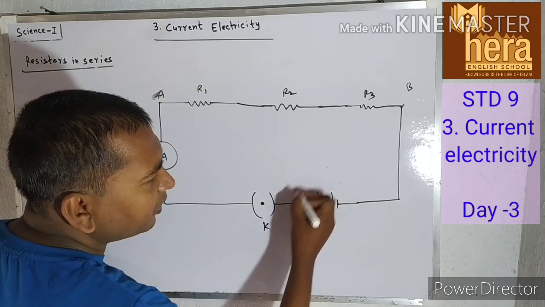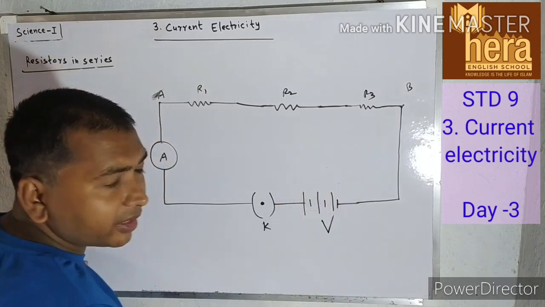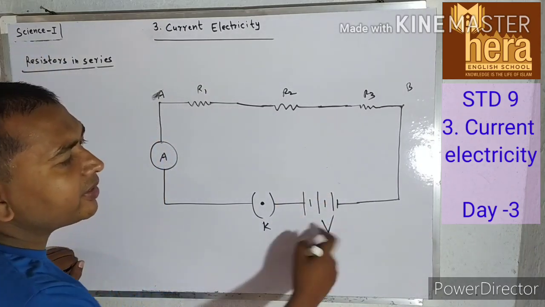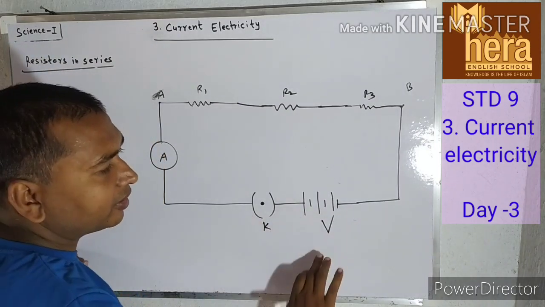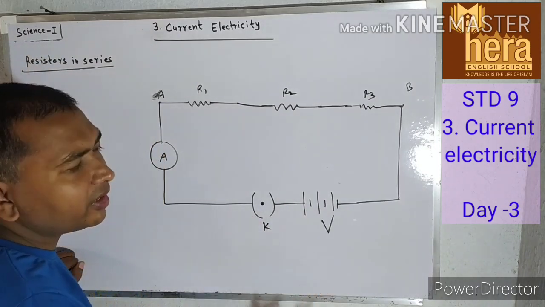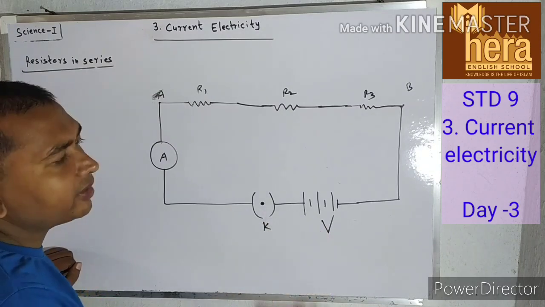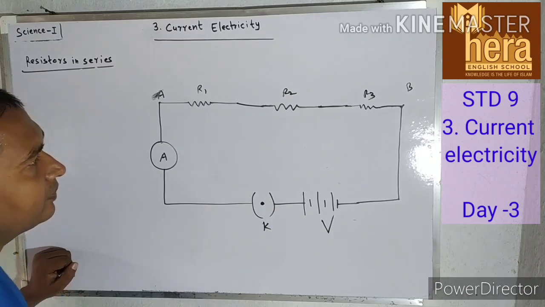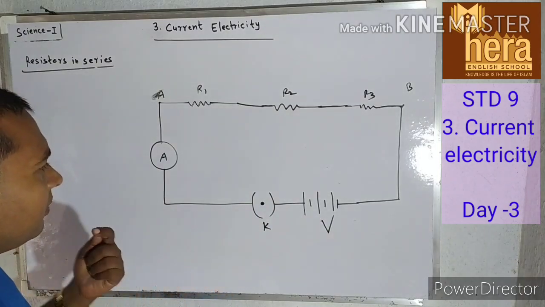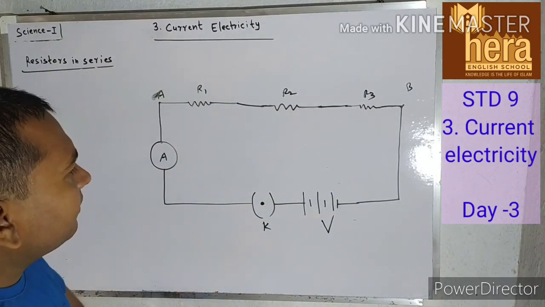Say this is the total potential difference, say V. In your textbook it is given as E. No problem, that is not a big question why you have taken V or E. You can take E also. But generally potential difference is represented by capital letter V. Now we will give the polarity.